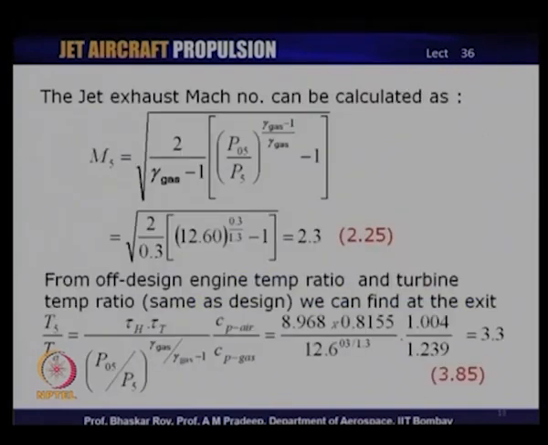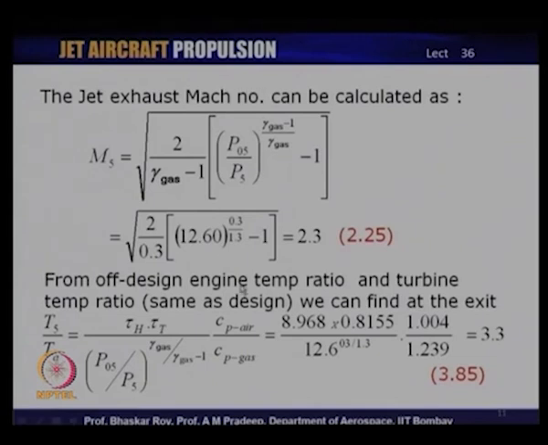Now, if you look at the jet exhaust Mach number, which promotes the thrust making, this can be calculated from the thermodynamic relations that we have done in detail through the course of this lecture series.